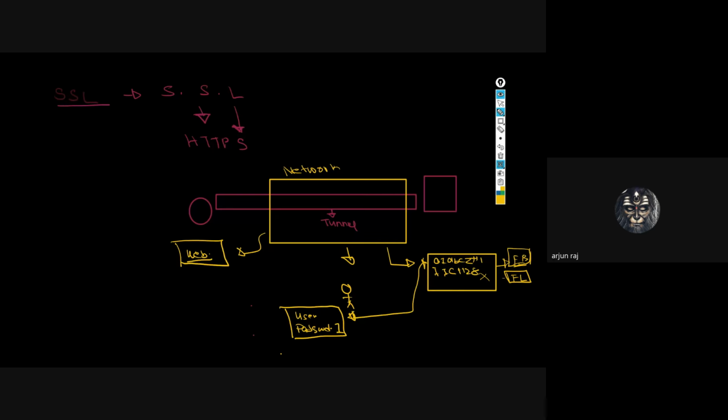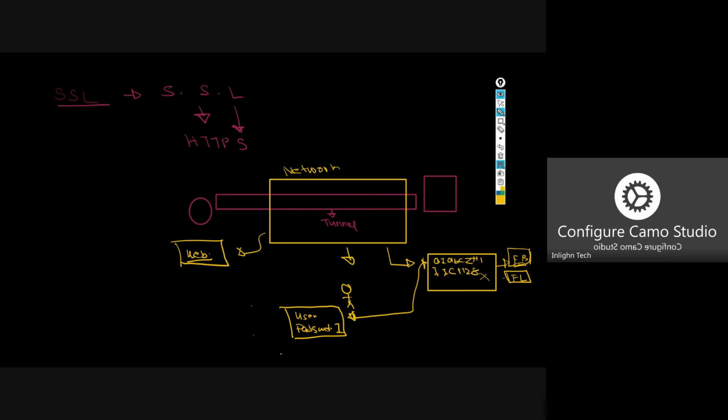DNS spoofing can be done, sir. No, DNS spoofing is another part. That is the attack part. Here, our question is, we save this data, right? The username and password, we save this data by encrypting it to this text. But again, the attacker can see which website you are visiting.